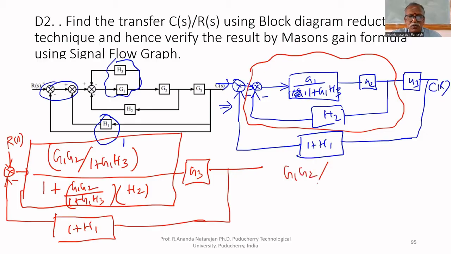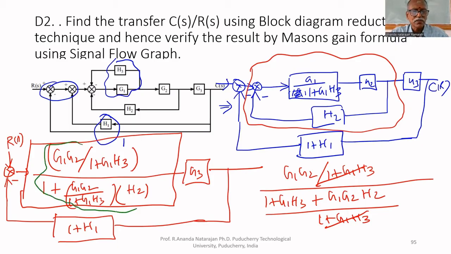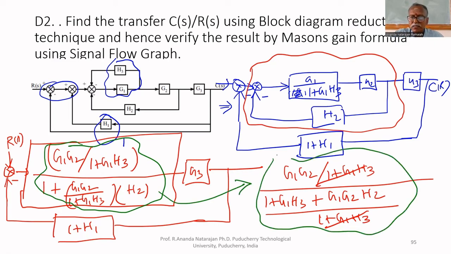G1, G2, 1 plus G1, H3 whole divided by 1 plus G1, H3 plus G1, G2, H2, whole divided by 1 plus G1, H3. These two get cancelled. So this block is reduced like this.